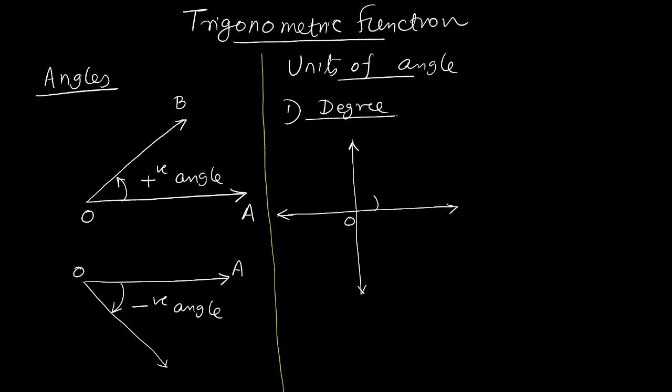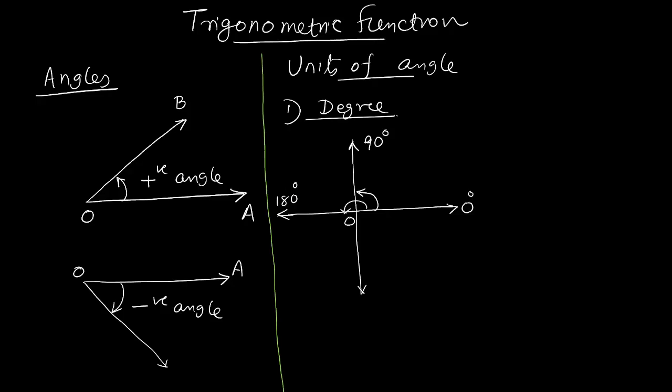If it is rotated up to this, we say that the angle is 90 degree. If it is not rotating, angle is 0 degree. If it is rotated this much, then such angle is said to be 90 degree. If it is rotated up to this, then 90 plus 90, 180 degree rotated.